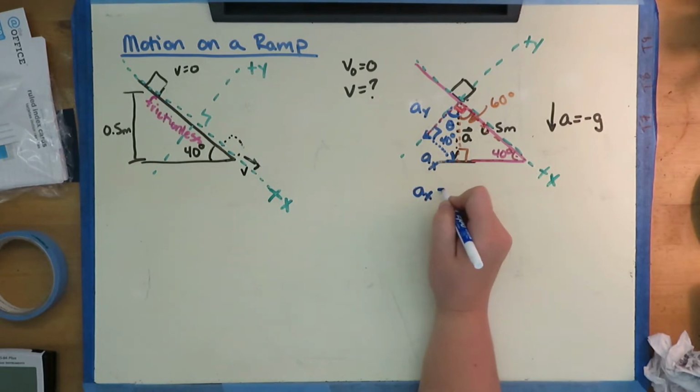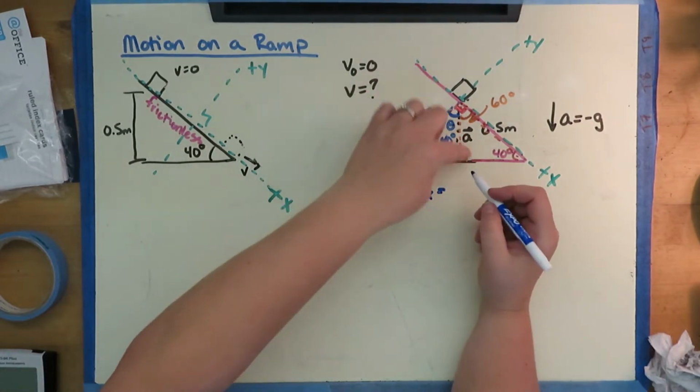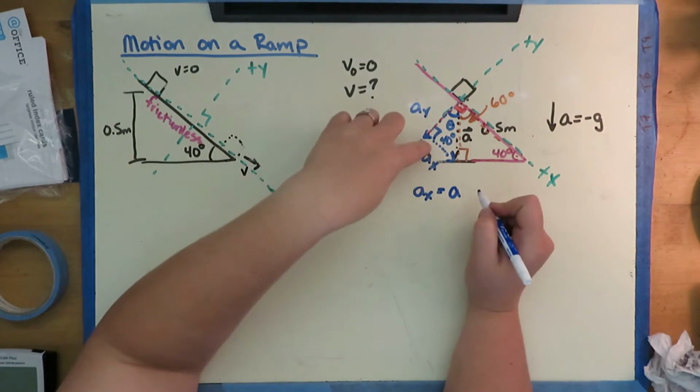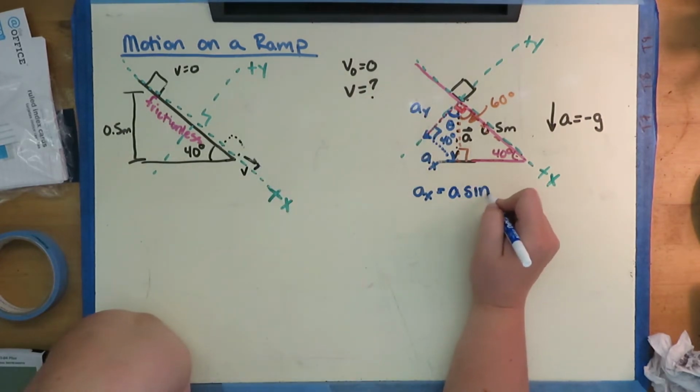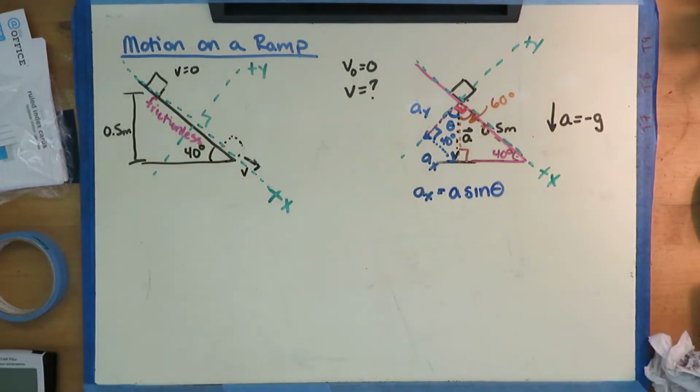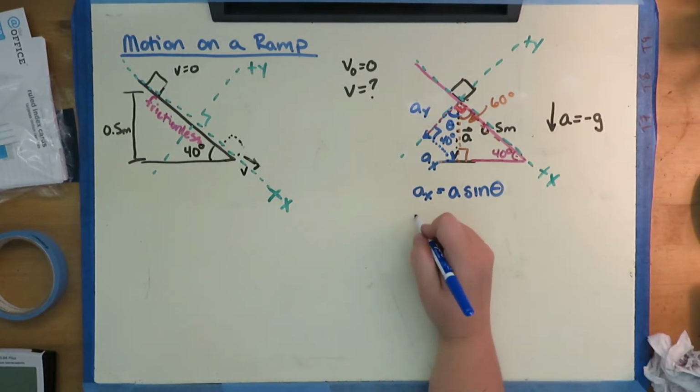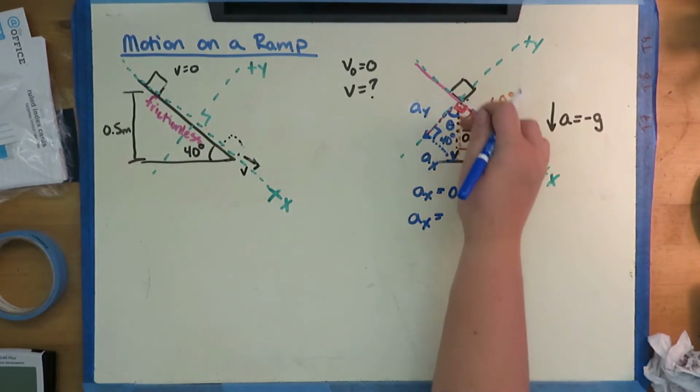The acceleration in the x direction has the hypotenuse A, and because it's the opposite side of this right triangle, it'd be A sine theta. That A is g.